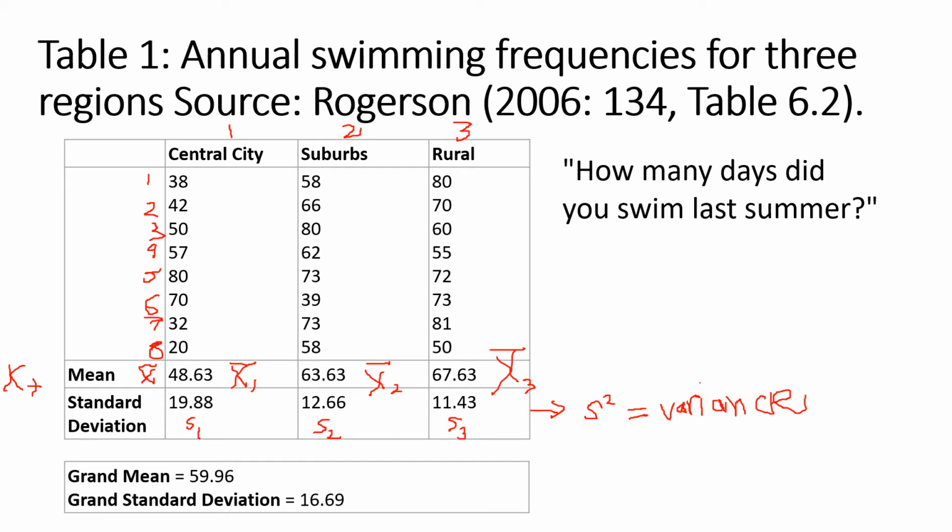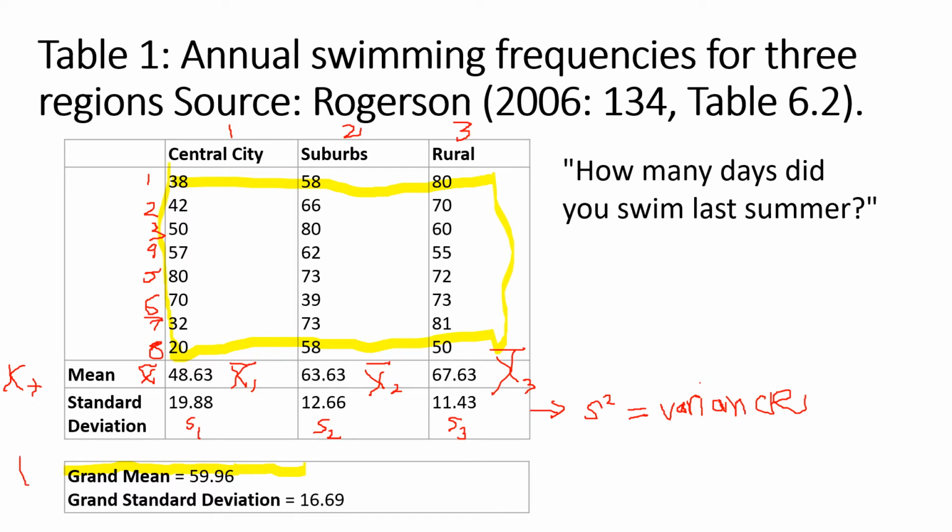So down here, we have a grand mean, which is what you get when you take these 24 observations up here and find the mean for those, right? So you take all 24 of these, add them up, divide them by 24, and that gives us 59.96. So you take these 24 observations, so there's 8, 16, 24, take those, add them together, divide them by 24, it gives us 59.96 as our grand mean.